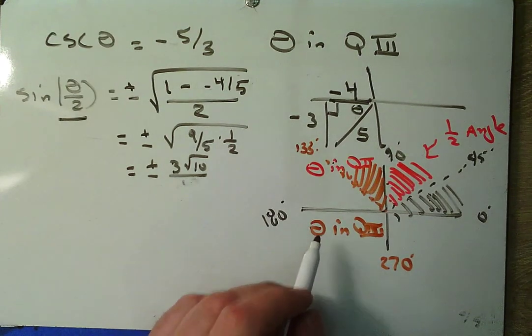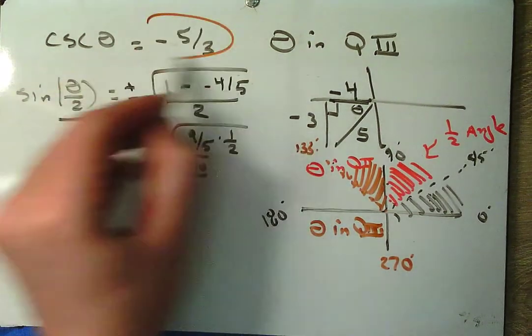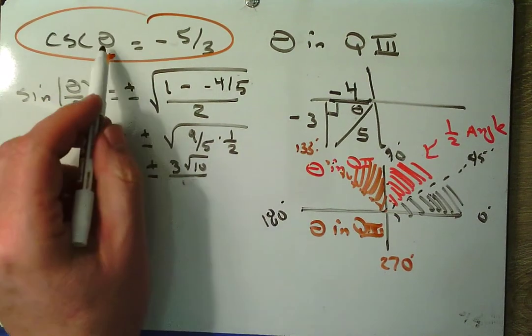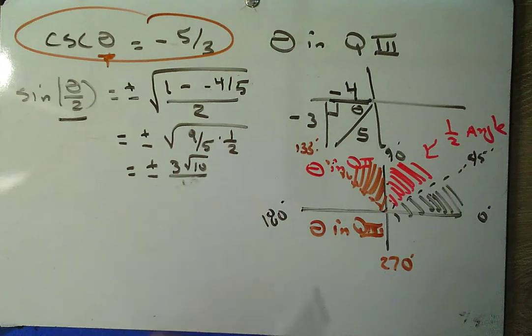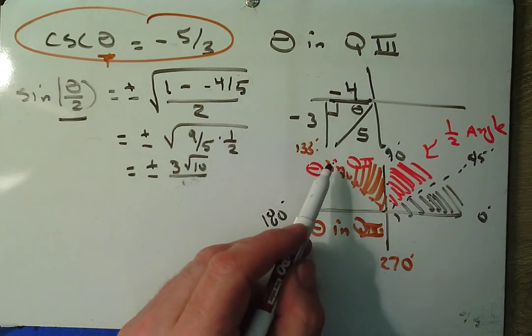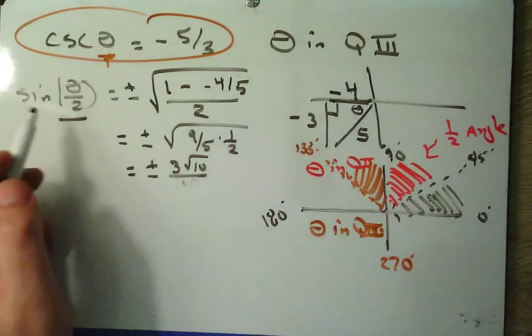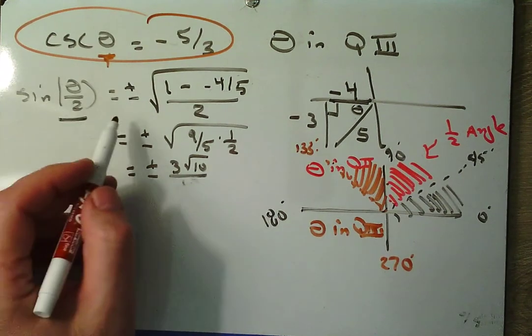So half of that third quadrant theta would put the answer here in second quadrant. So I know that the sine will be positive there.